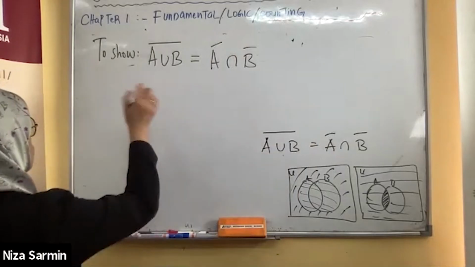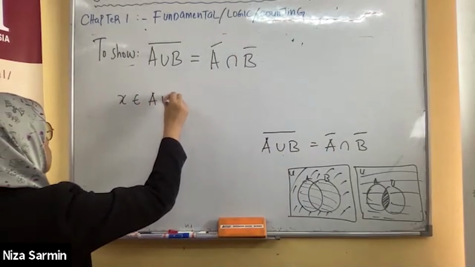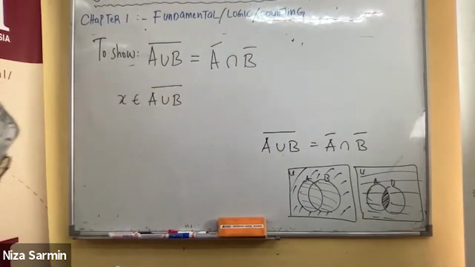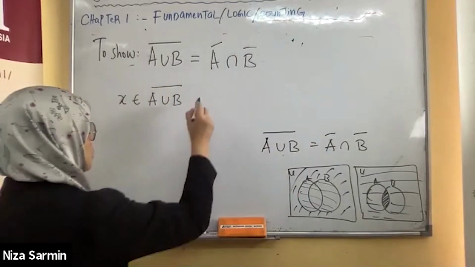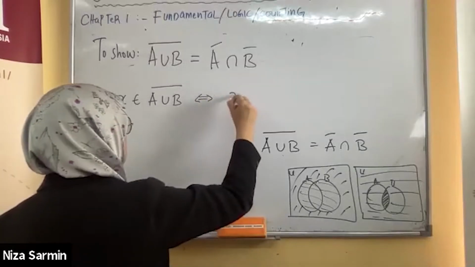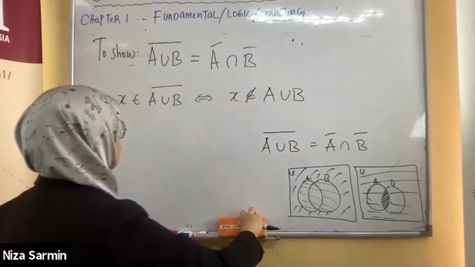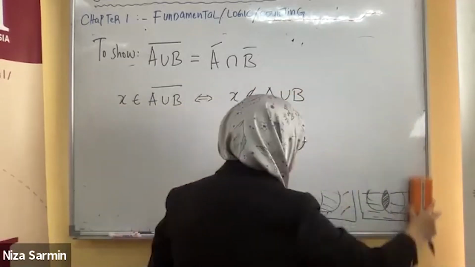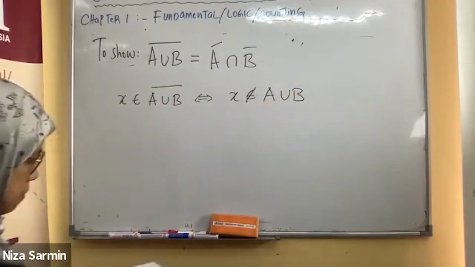Okay, so how do we show it? X is in A union B complement. It's the same thing as saying X is not in A union B, by definition.